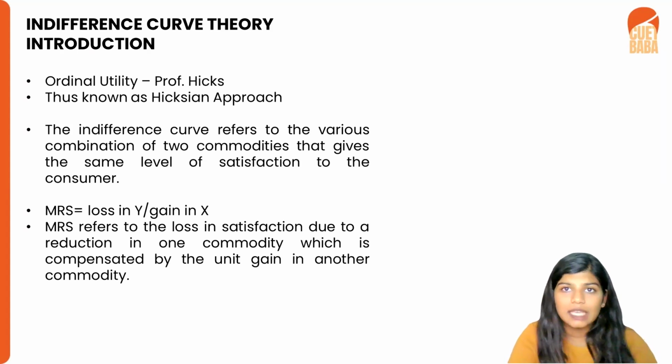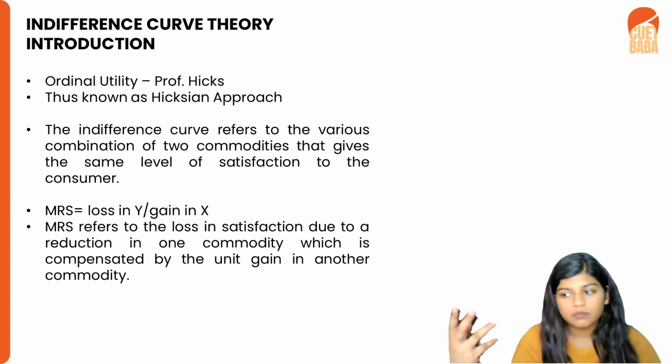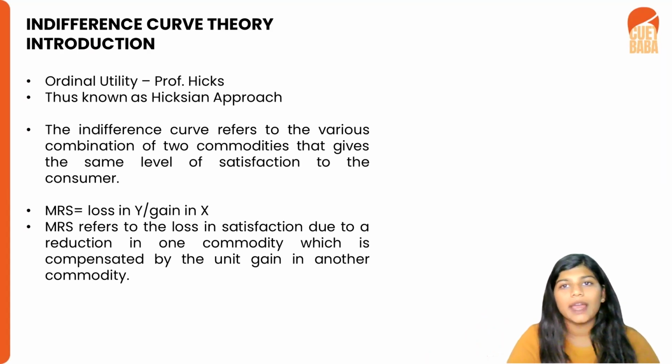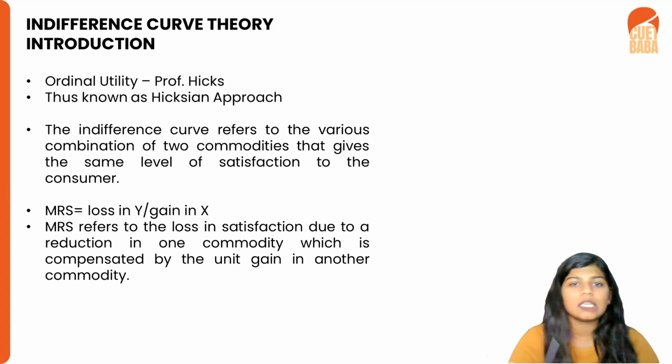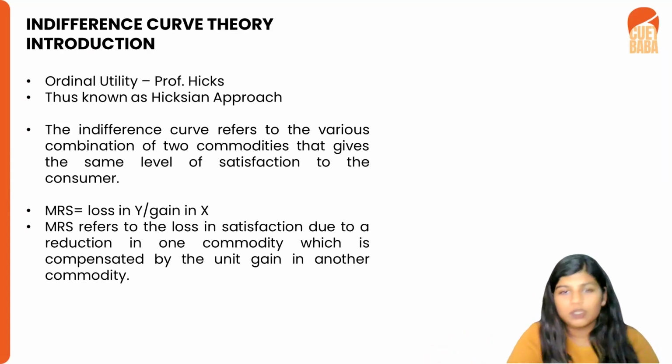So if I'm having 5 chocolates and 2 fruits, say apples, I have to give up 2 or 3 chocolates in order to get 1 extra fruit. This was just an example, and we'll go into that detail.